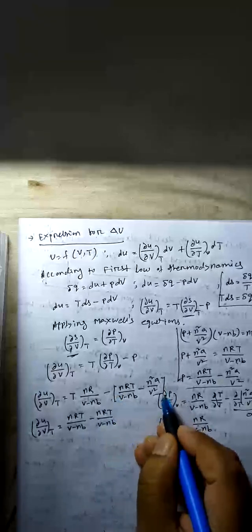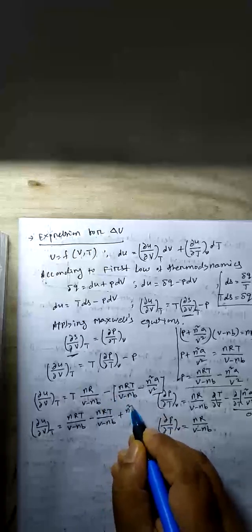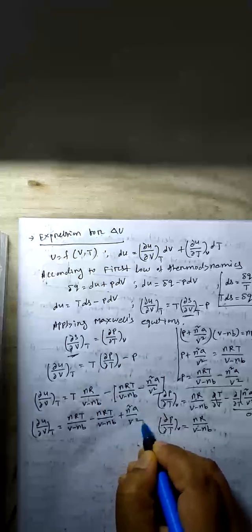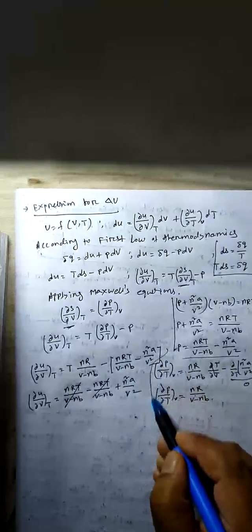Now I remove the brackets: minus and minus gives plus, n²a/V². This one cancels. We get what?